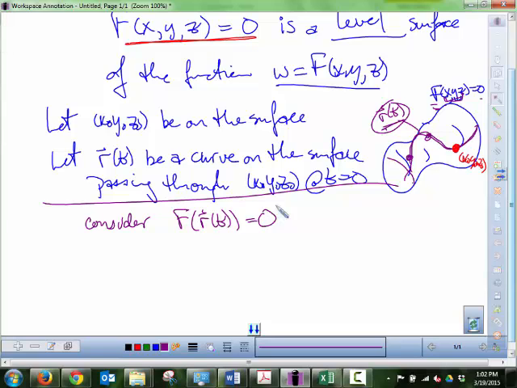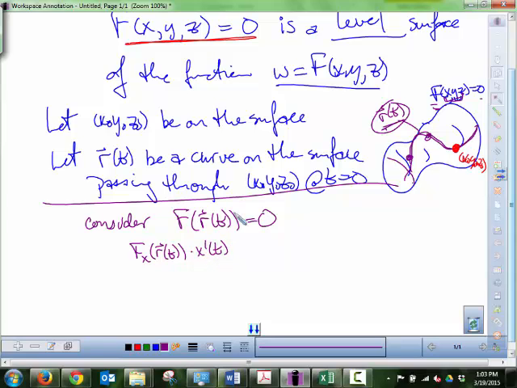Now guess what we're going to do? We're going to take the derivative. We could do this in pieces again, and then I'll say, doesn't that look like a dot product? So we'll go f_x, evaluated at R of t, times x prime of t.